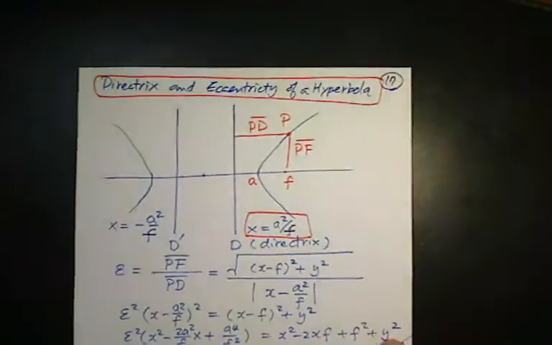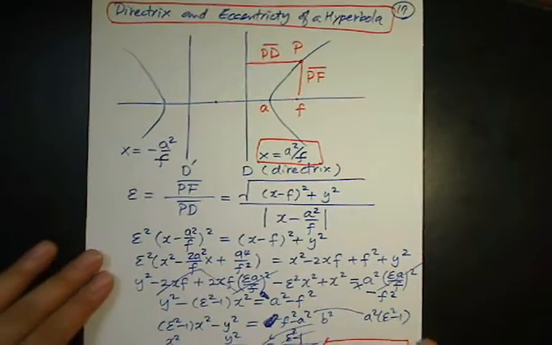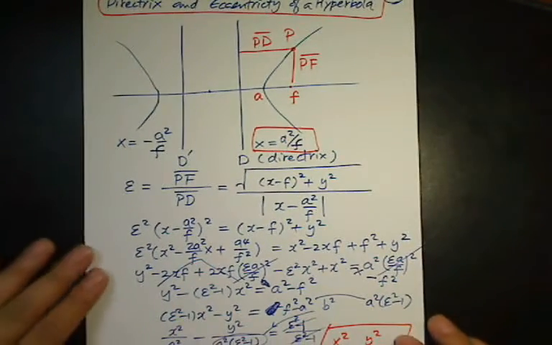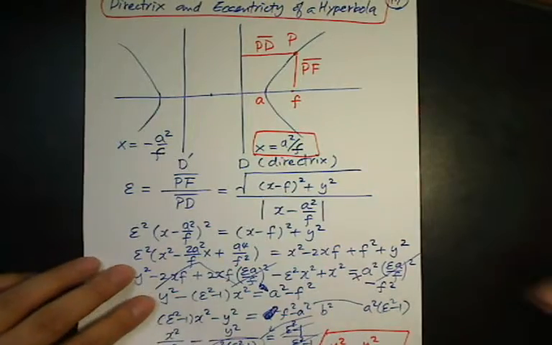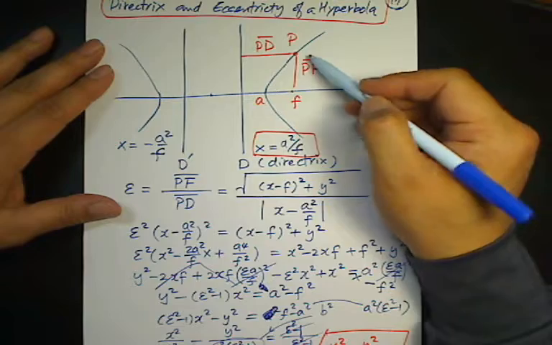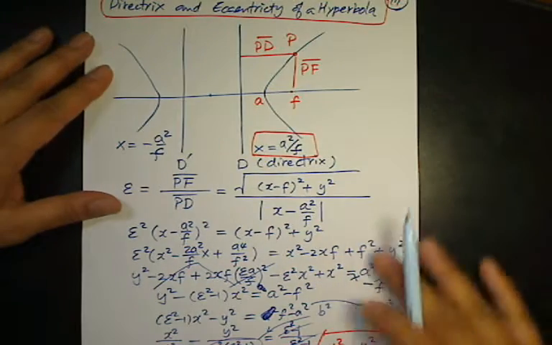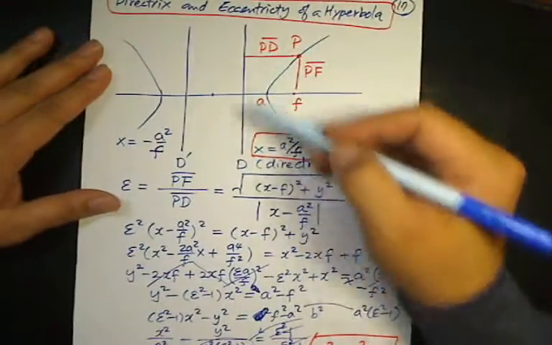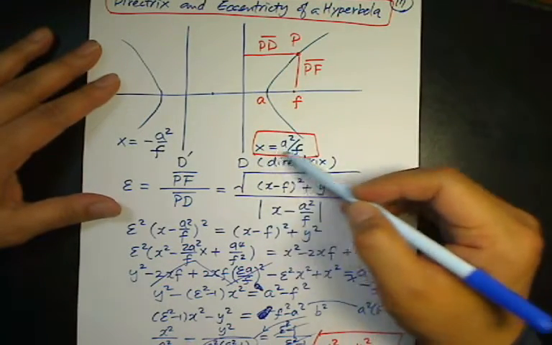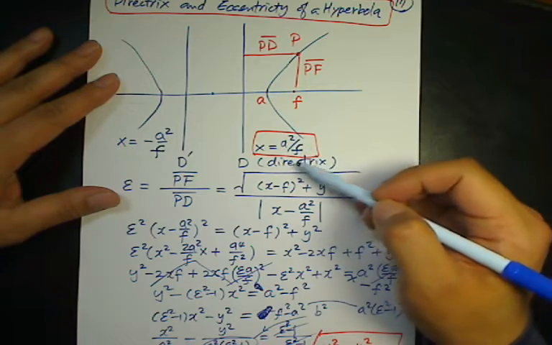Let us look at the directrix and eccentricity of the hyperbola. The distance ratio, this distance divided by this one, should give the directrix. This is the directrix, and the directrix coordinate is a squared over f.